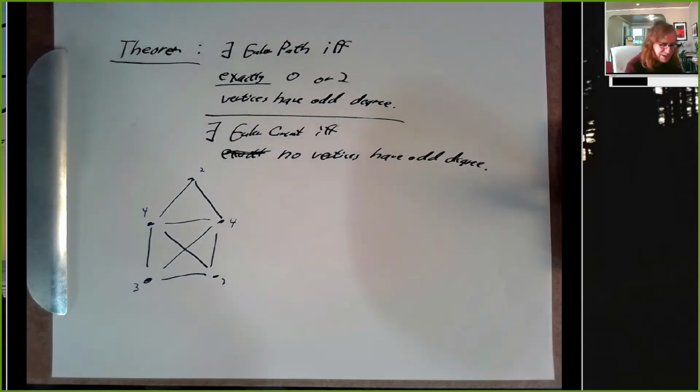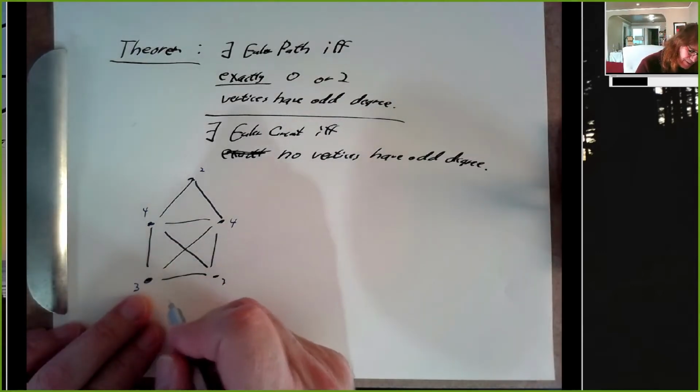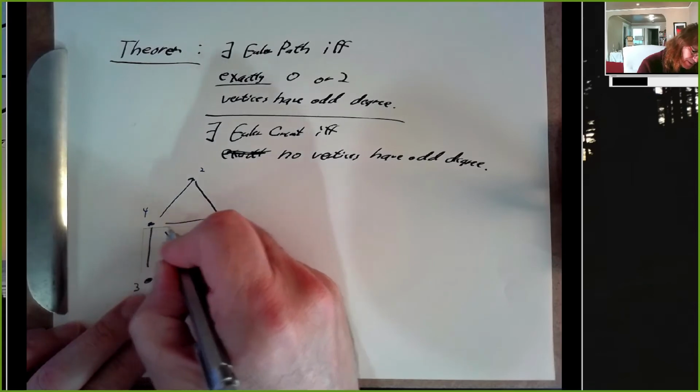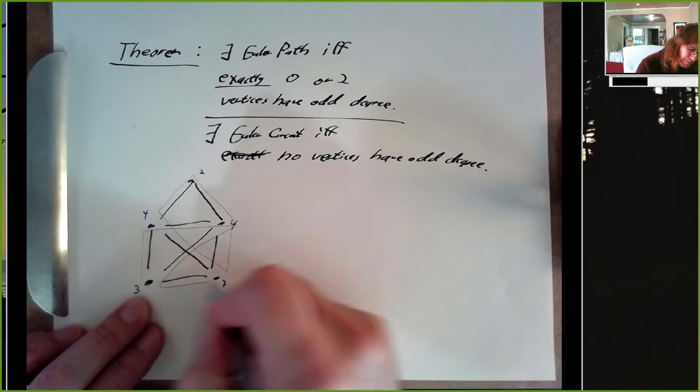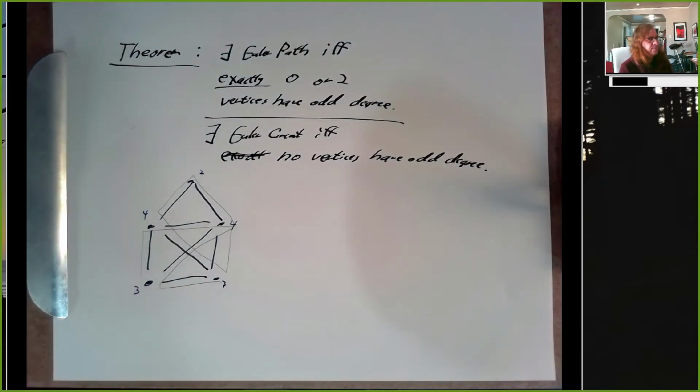So simply start at one of the odd vertices and go from there. And there's so many different ways to do this. All right, so those are Euler paths.